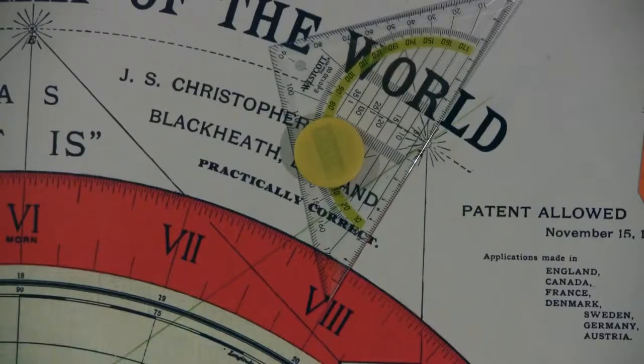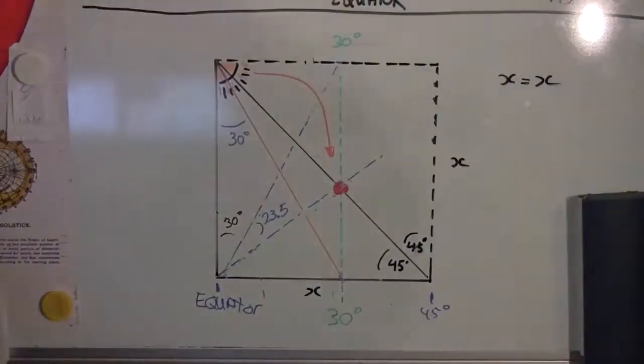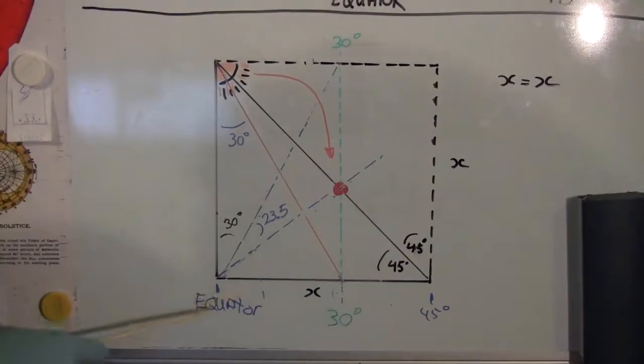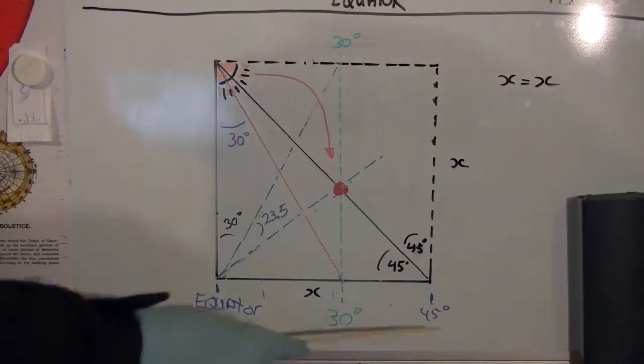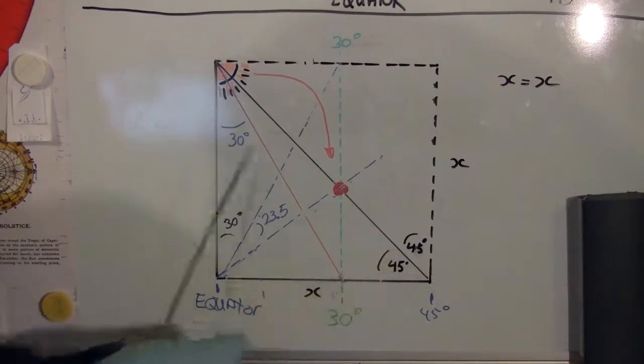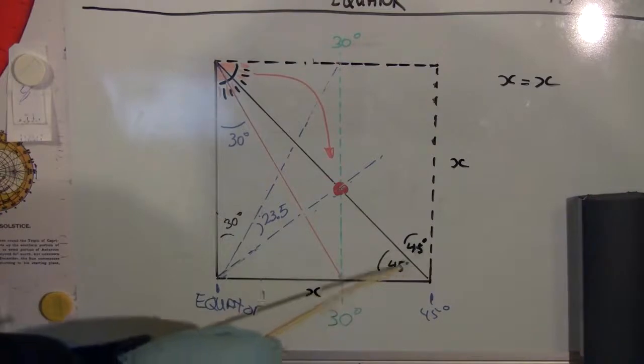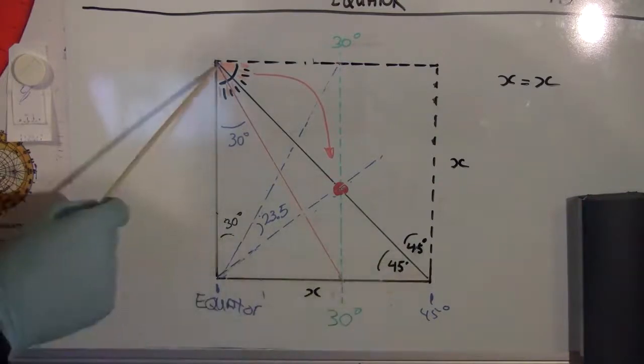Let's go back to our drawing board and I'll show you exactly how it is mathematically. I made a quick, beautiful drawing. This is the Sun. This is the equator, the 45 degrees. When the Sun is at the equator, the angle is 45 degrees, looking straight at the Sun.